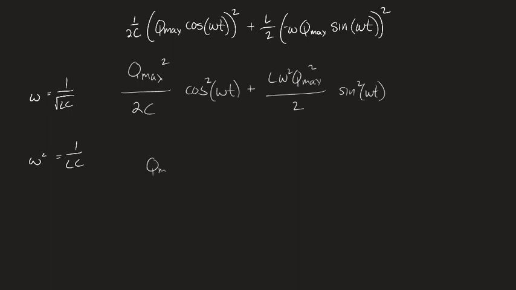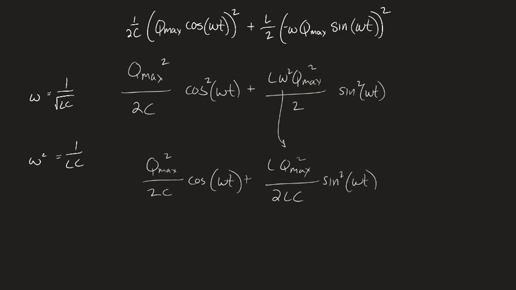So, Q max squared over 2C cosine squared omega t plus L Q max squared over 2LC times the sine squared of omega t. Do you see it now? All I did was plug in 1 over LC for omega squared, and I can cancel the L's out here.